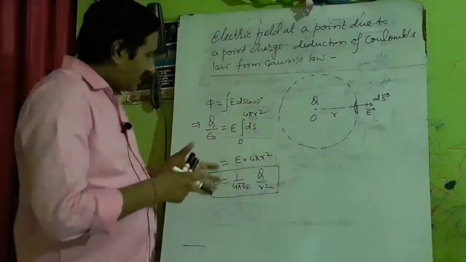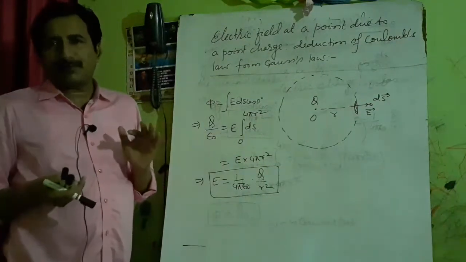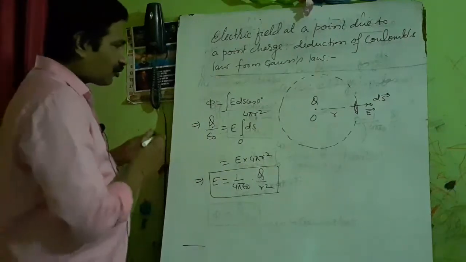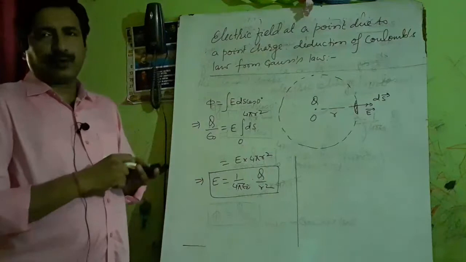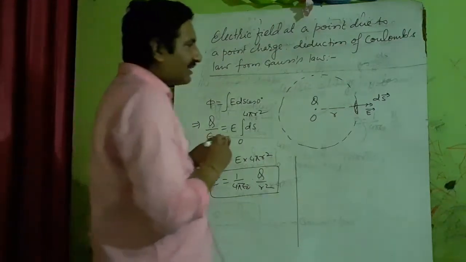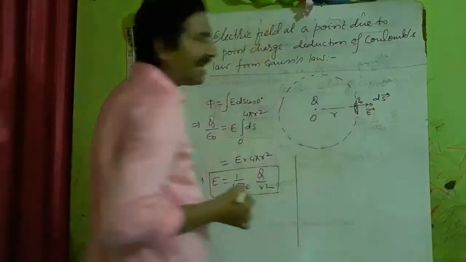Got it? This expression is same as you obtained by using Coulomb's law. Now we will deduce Coulomb's law from here. So Coulomb's law is related to the electric force between 2 point charges. So for that, let us consider a point charge here at the element.